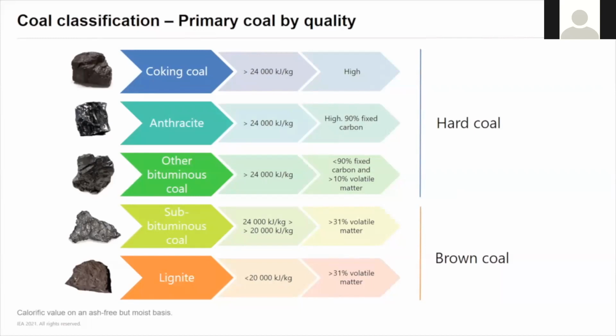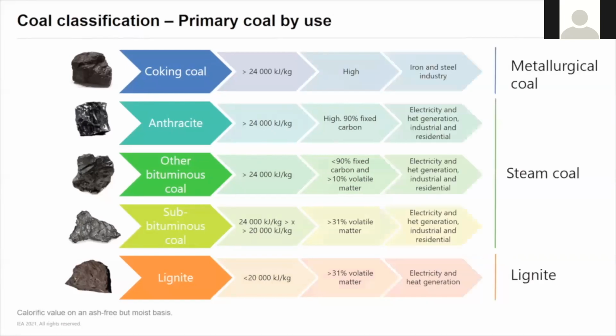And from that, we will have a distinction between coking coal and anthracite, other bituminous coal and subbituminous coal, and lignite. The distinction is made with their calorific value, the amount of energy that they contain, and the amount of carbon within their physical constituents.